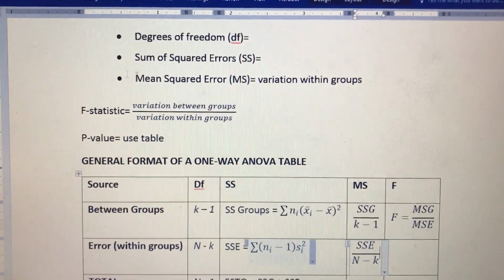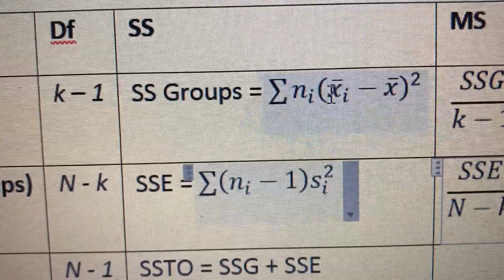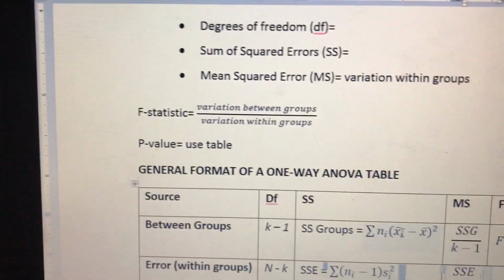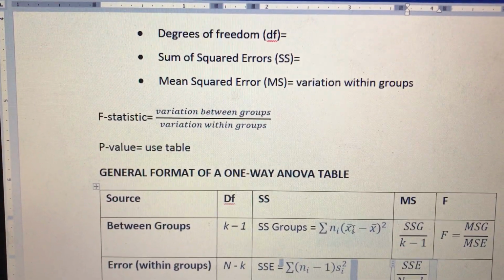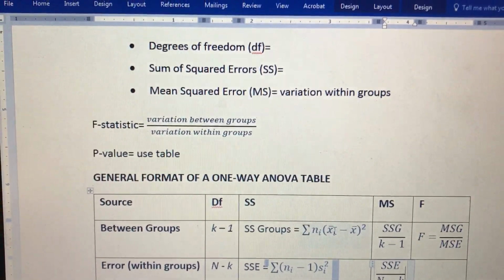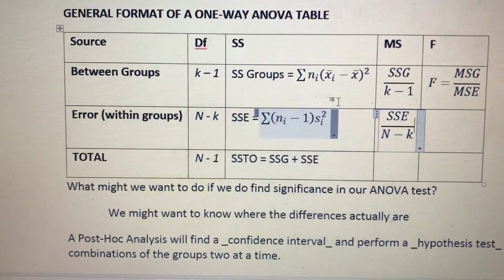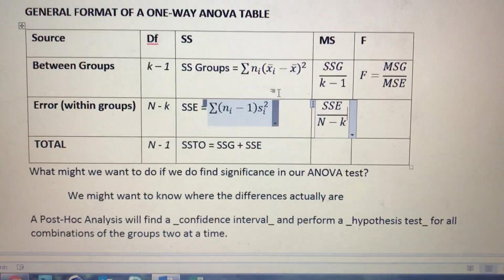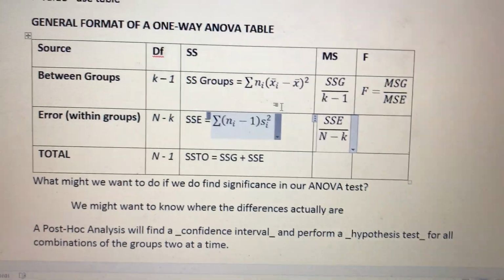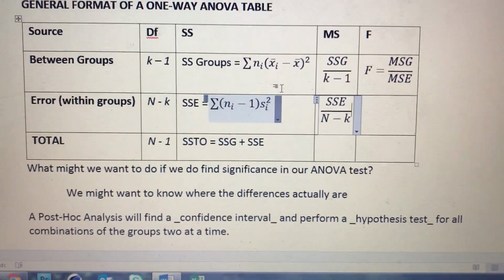And if the variation between the groups gets larger, as these differences get larger, our F statistic goes up. As the variation within groups, just the random variability, goes up, our F statistic will go down.